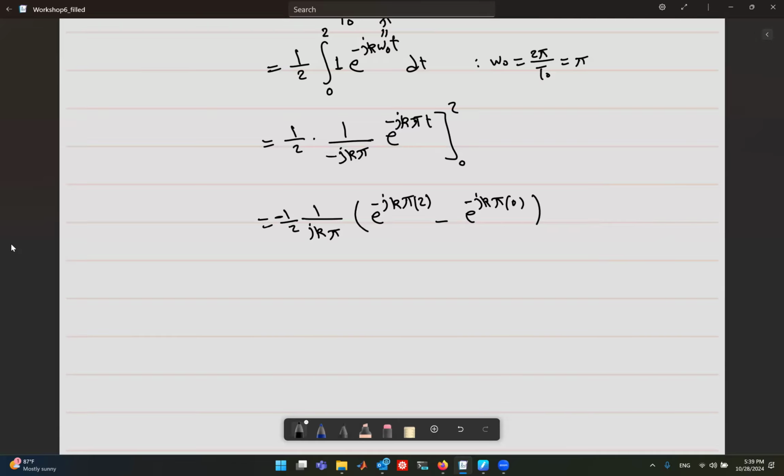We know that this one equals 1. What's the value of this term?